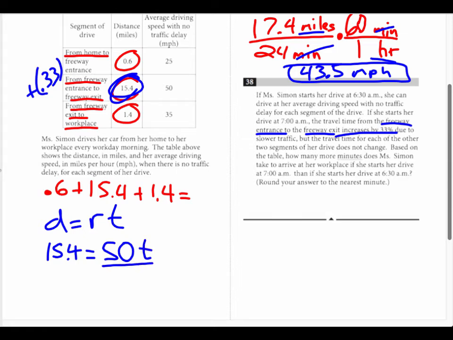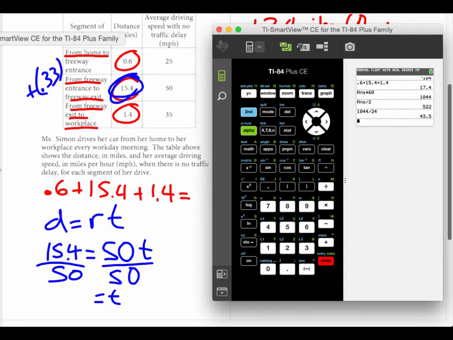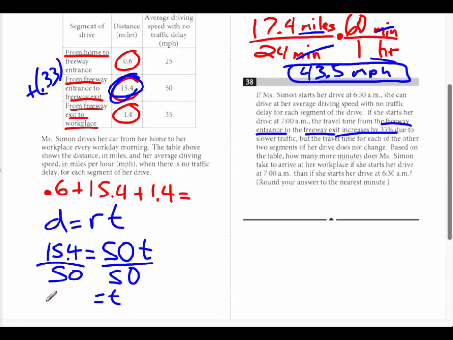So I'm going to divide everything by 50, and the total time is 15.4 divided by 50, and that's going to be in hours, right? So it's 0.308 hours.